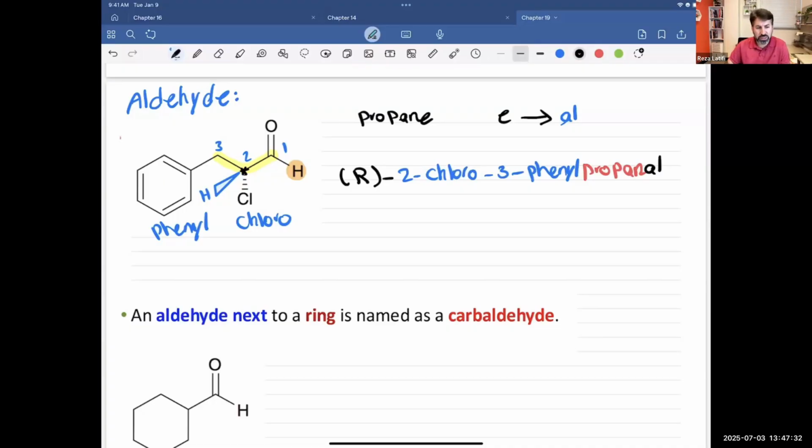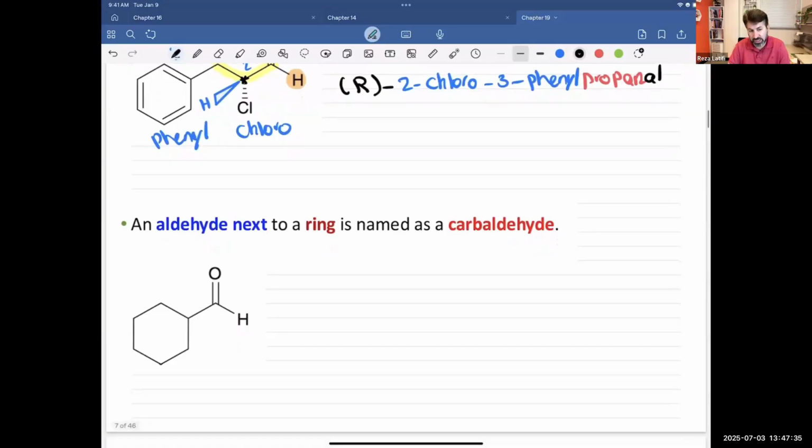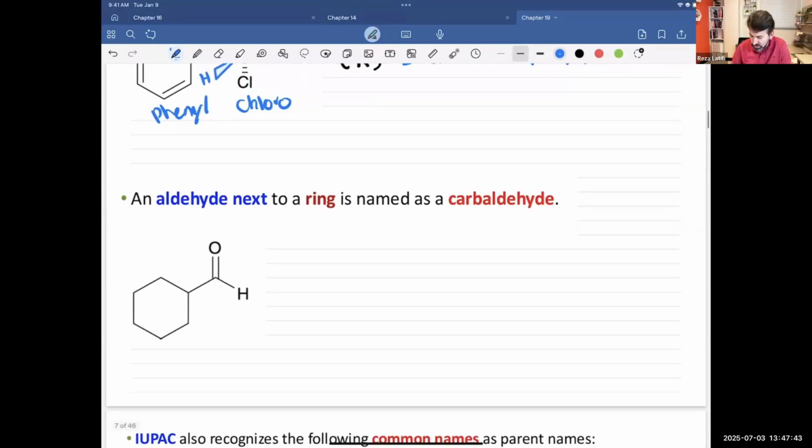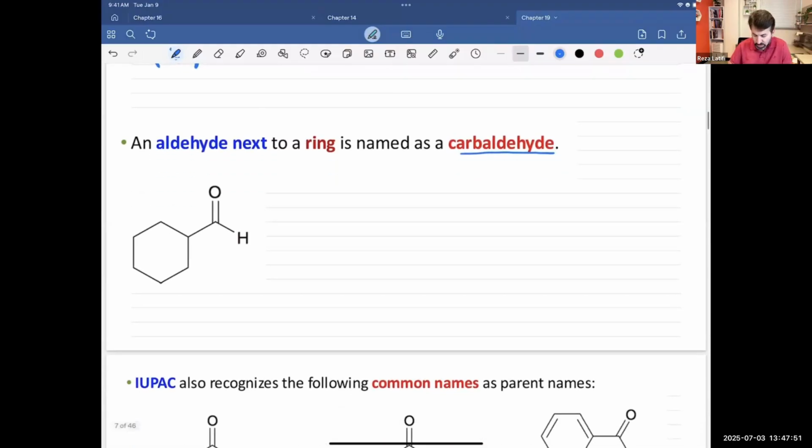Okay, next we have a cyclohexane attached to a carbonyl group. If that's the case, the way you are supposed to name it is to simply use carbaldehyde after naming the ring. The ring is cyclohexane.